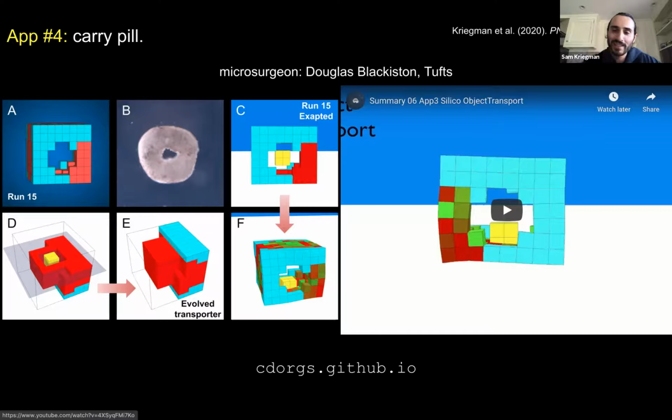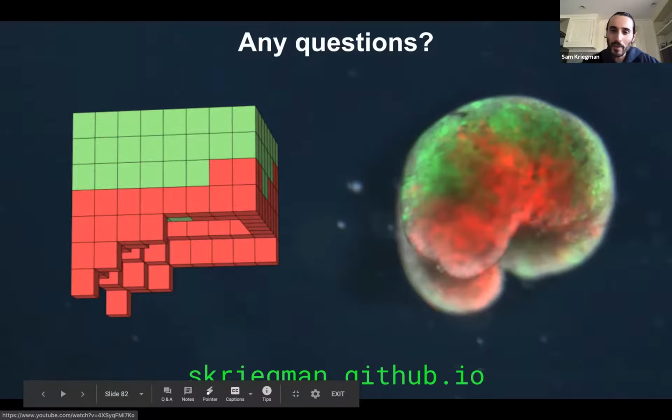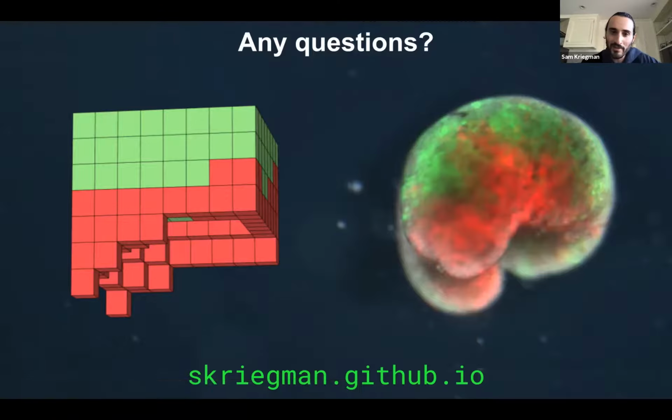And I hope that there are people in this class that are interested in this work and would like to help out and improve our very rudimentary compositional pattern producing networks and help us design even better computer-designed organisms, xenobots, in the future. And that is all I have. I would love to take any questions you might have.